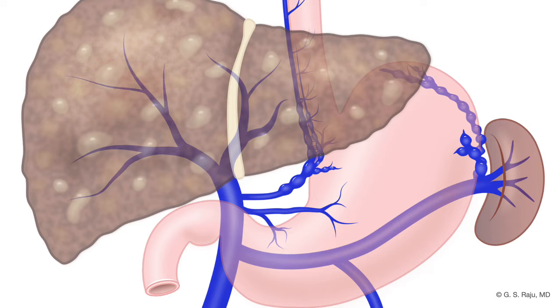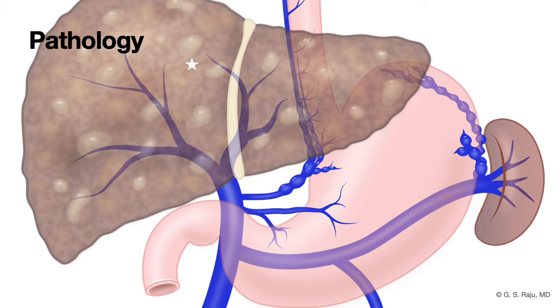So, let us learn the pathology of cirrhosis. What happens in the liver? The liver lobular architecture gets distorted, fibrosis sets in.